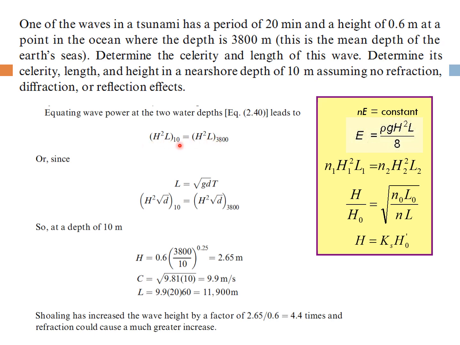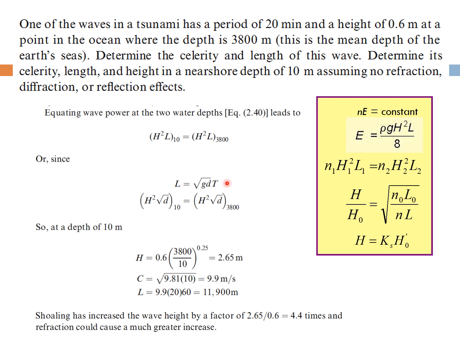Since a tsunami behaves as a shallow water wave, the wavelength can be given by this expression. Wavelength equals c, the wave celerity, times T, and the celerity depends on the water depth. So instead of solving this, you notice the solution here substitutes this into the equation, so you get this expression instead.